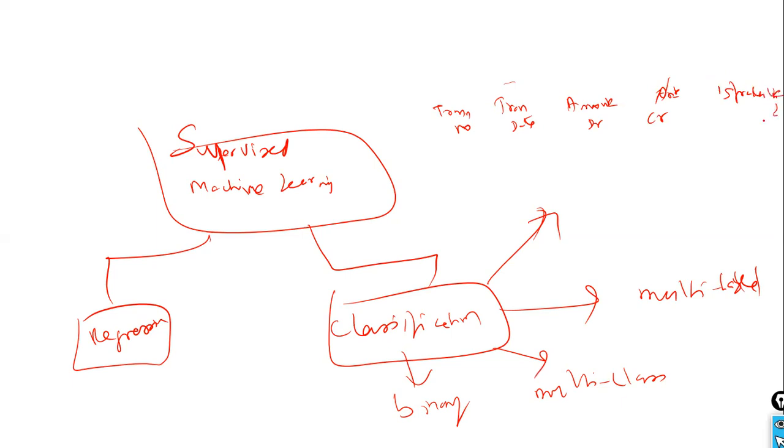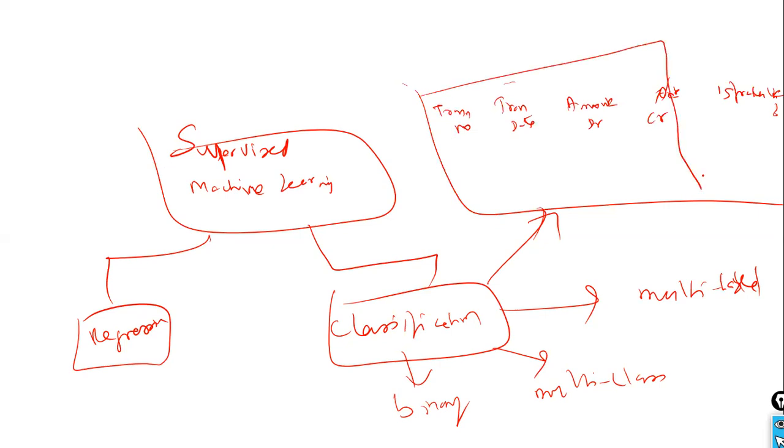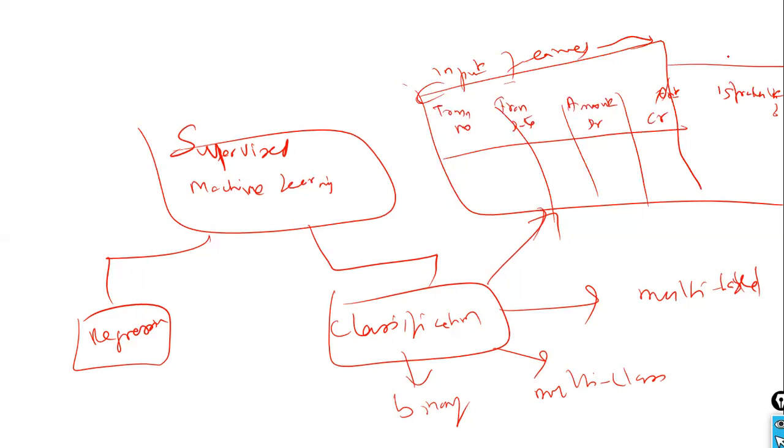You have a column by the name of is fraudulent. All these other features are called your input features, and this is your labeled output variable: is fraudulent.